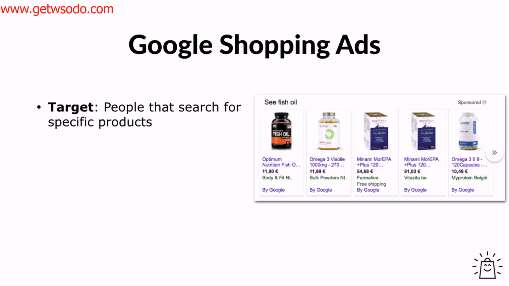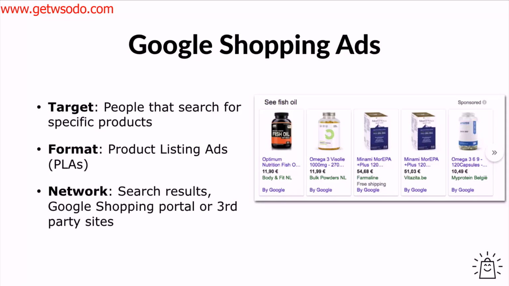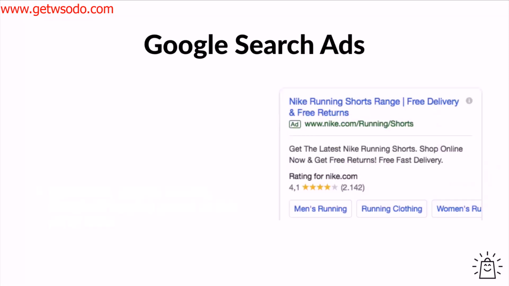And so yeah, you're reaching people that search for specific products. Then you're showing them product listing ads. They're also called product ads or shopping ads. Basically, it's the image and then the title and the price and then the name of the retailer. And you will see them appear in the search results, in the Google Shopping portal, or on third-party websites.